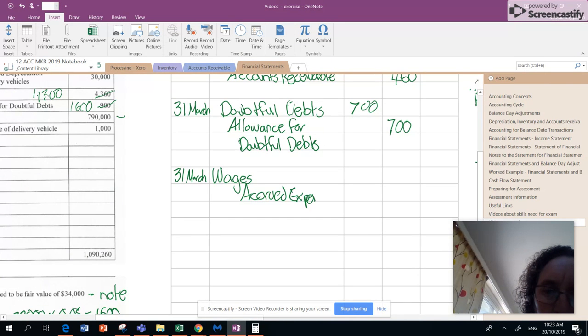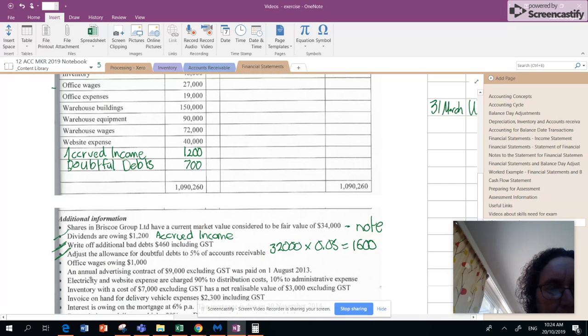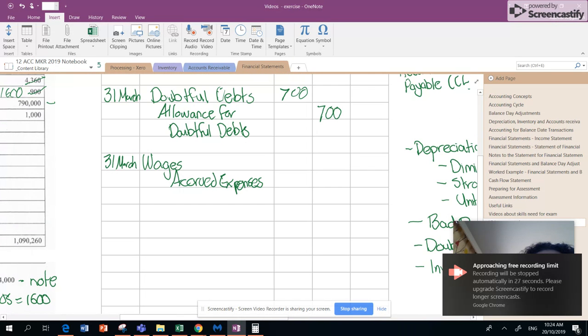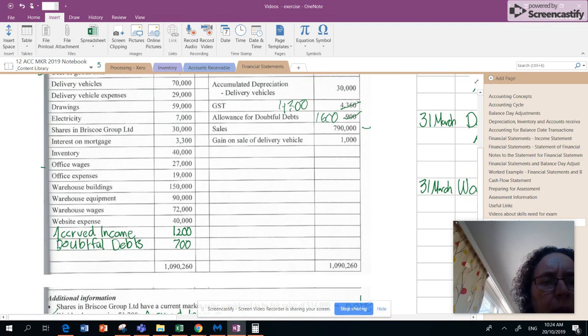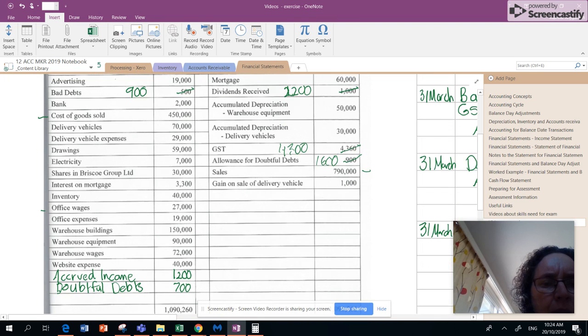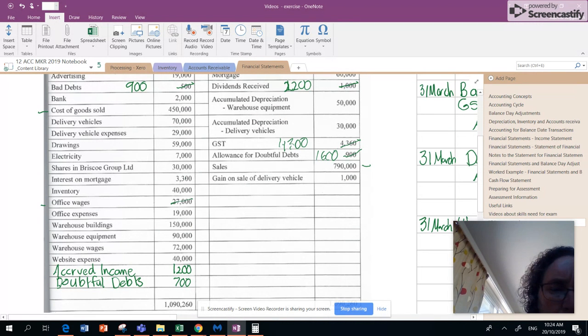Okay, and the amount for it will be $1,000. And on our trial balance, we will increase office wages by 1,000, and we'll put in accrued expenses for 1,000.